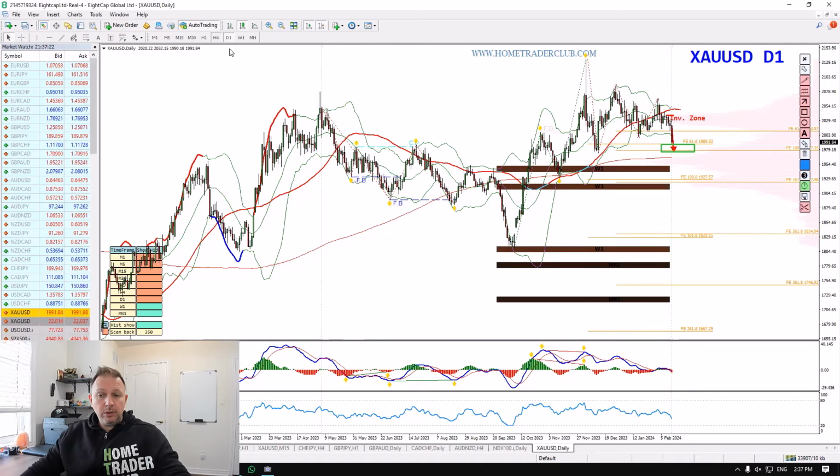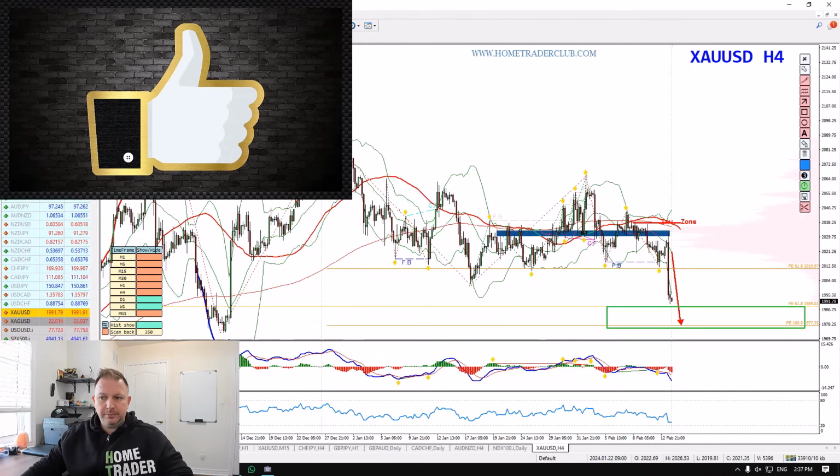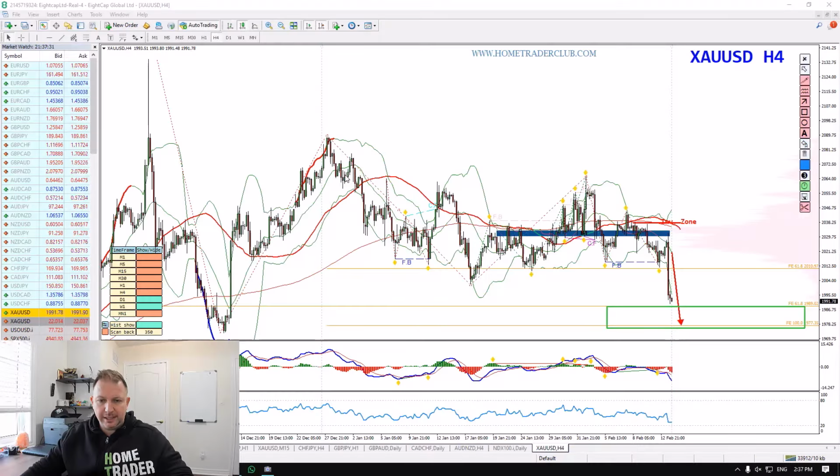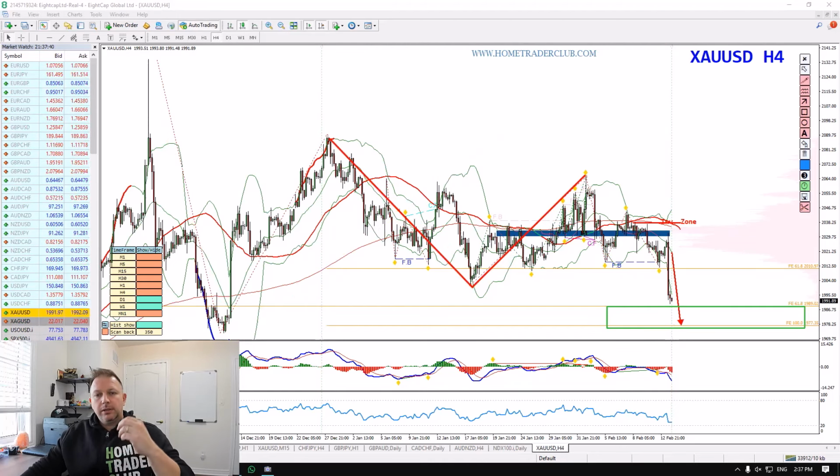Okay, so I want to explain the way I operated this trade and what I would expect next. As per the 4-hour chart, remember we expect these two waves from the daily, so the 4-hour should develop the waves accordingly. This was the first wave down, so I expected the second wave down.